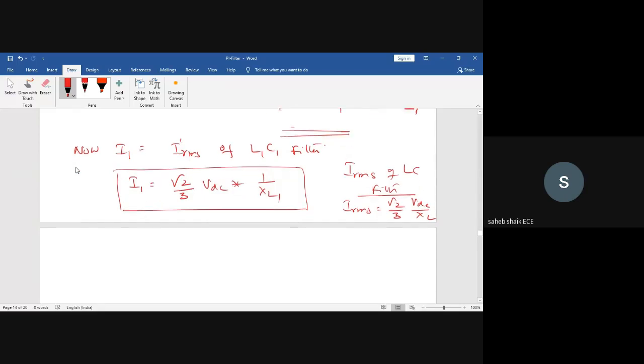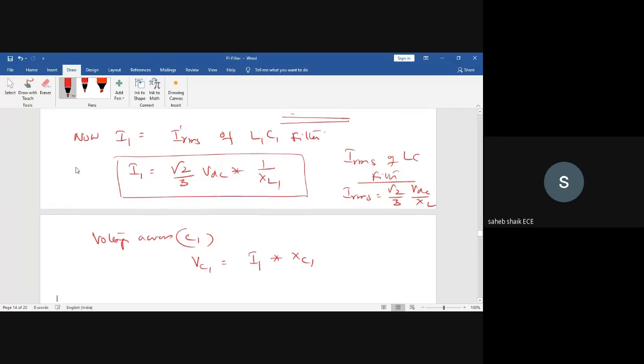Now you have to calculate the voltage across C1, which is VC1. That is nothing but the current passing through the capacitor, I1, into XC1.